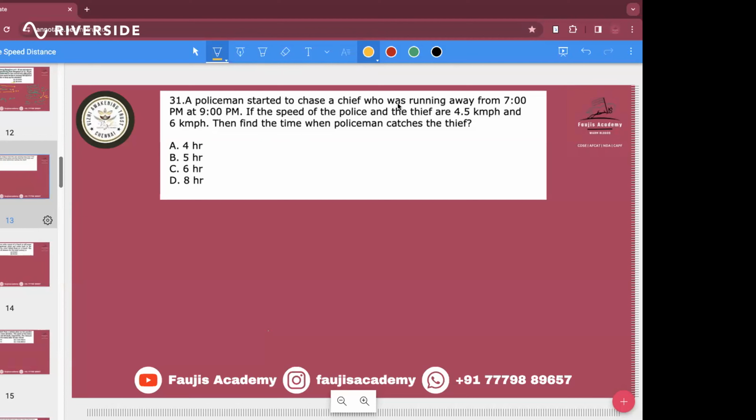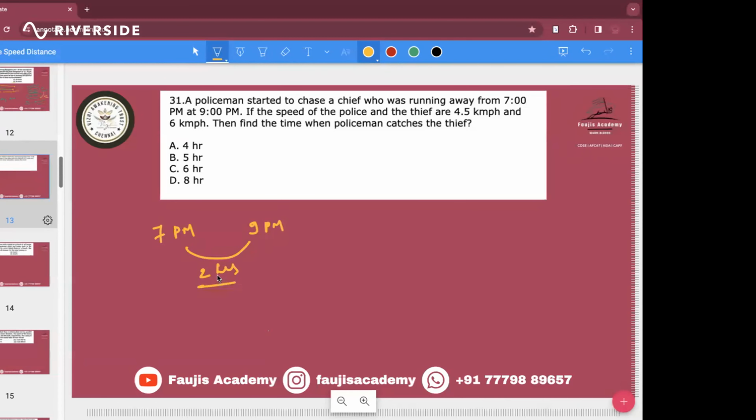A policeman started to chase a thief who was running away from 7 p.m. The policeman started at 9 p.m. The thief ran away at 7 p.m. itself, but the police started chasing at 9 p.m. So the thief got 2 hours of head start.